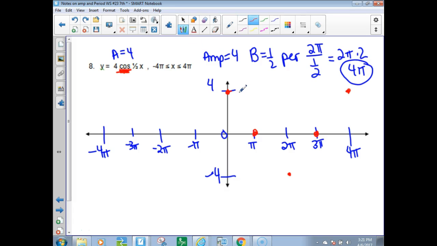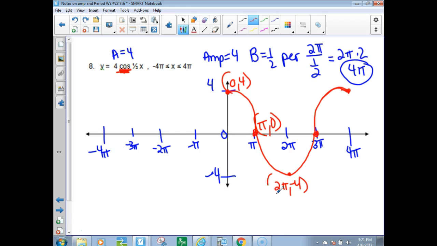Okay, the first wave that you have to label is the right side. Ooh, mine's a little over curved. Okay, 0, 4, pi, 0, 2 pi, negative 4, etc.